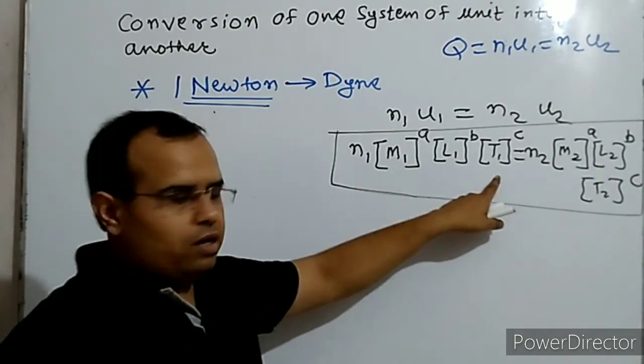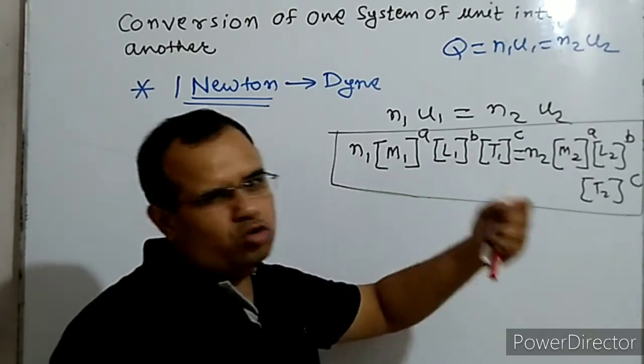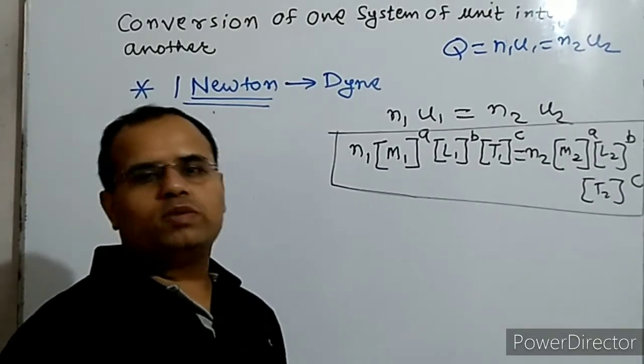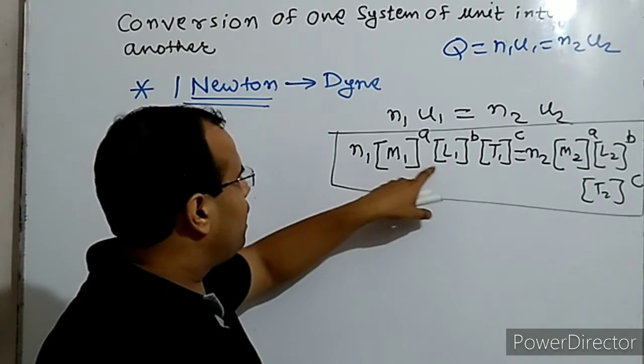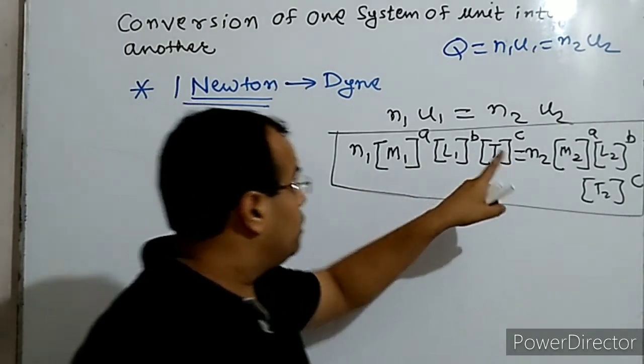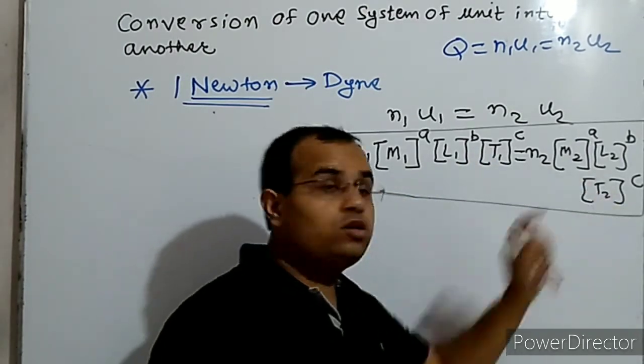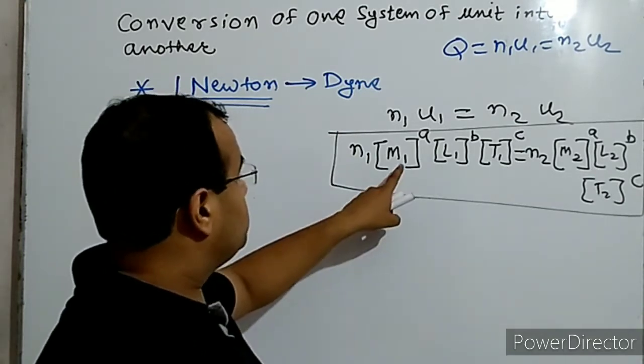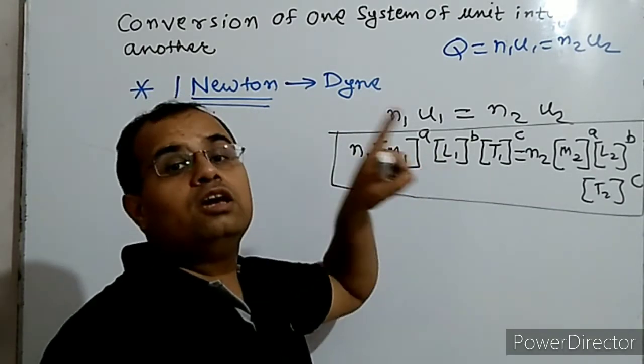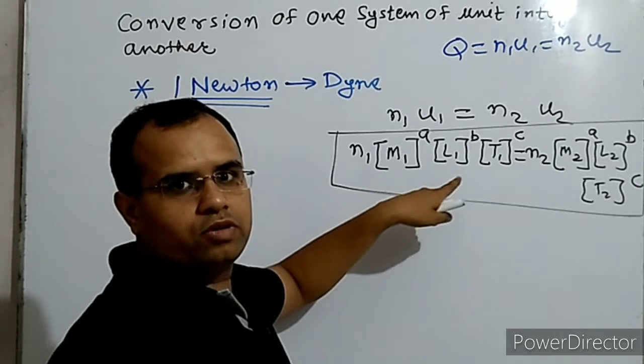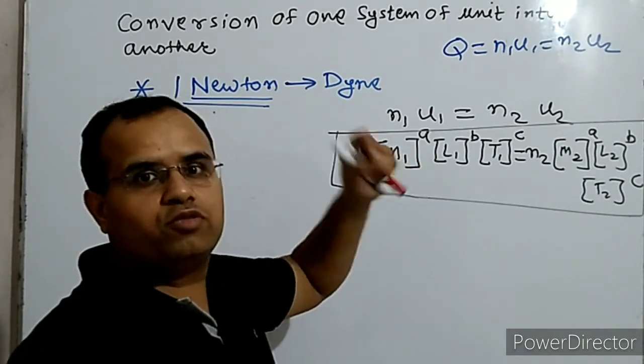N1 and N2 are the numeral values, and definitely these values will be different. But M1, L1, T1 and M2, L2, T2, why did we write these? Because these are representing the units of that system of units.